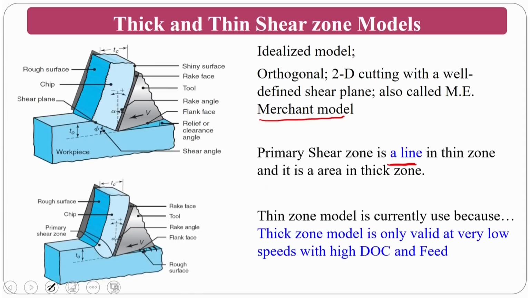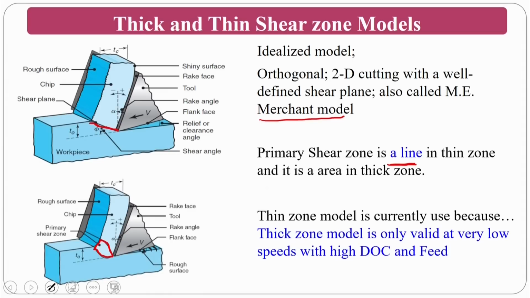You can see in a thin zone model, this shearing is a line. But the thick zone model is valid only for high depth of cut and feed when the speeds are low. Normally in a thick zone model, you can see there is an area. So that is the difference between thin zone model and thick zone model.